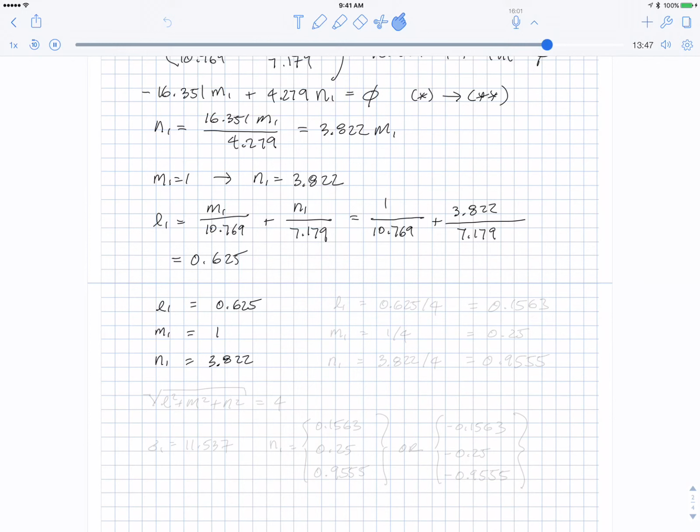Well, that's fine. That's the direction that this principal stress is acting in. But typically, we want to make a unit vector. So we want to get the length, L squared plus M squared plus N squared. Let me do that real quick. And so that length came out to be exactly 4. So to get a unit vector, divide by the length.